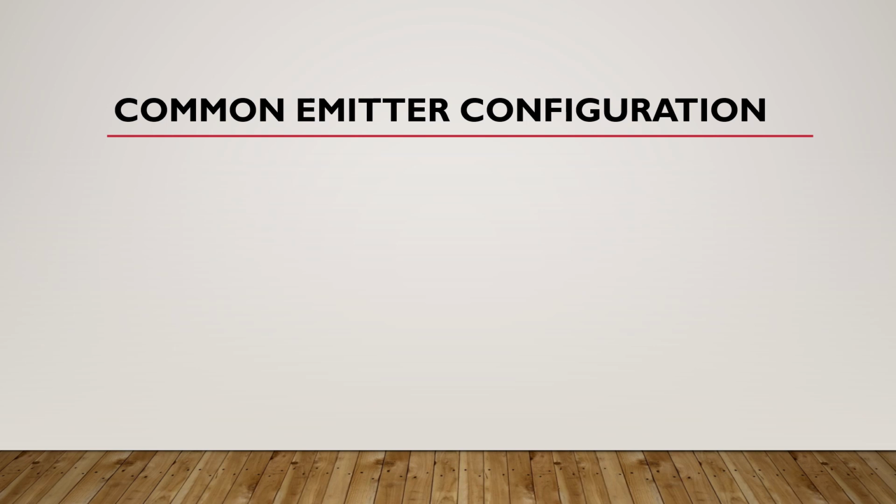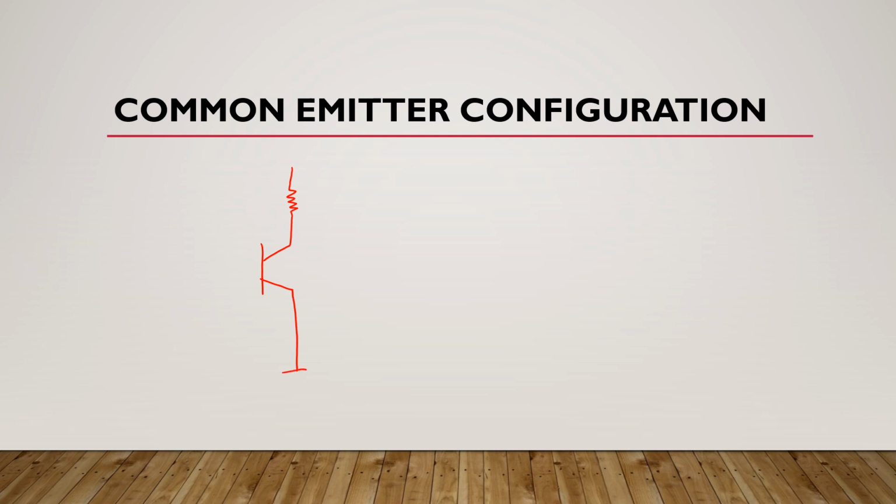First, we will talk about common emitter configuration. In common emitter configuration, emitter is connected to ground. It means our circuit diagram will look like this.